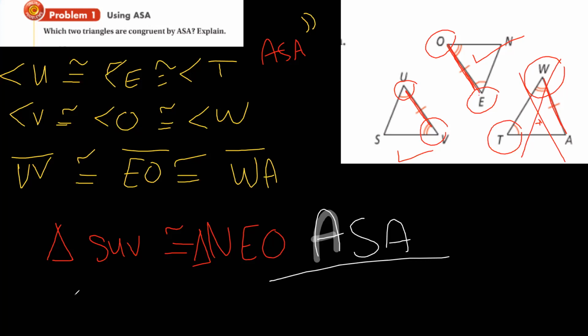If you want to draw them as corresponding triangles, it has to be like this: U, then S, then V, U here and V here, and here is the included angle. And if you want to draw the second one, it has to be like this: E, O, N. With N here, V is corresponding to O and E to U. And this is the side.